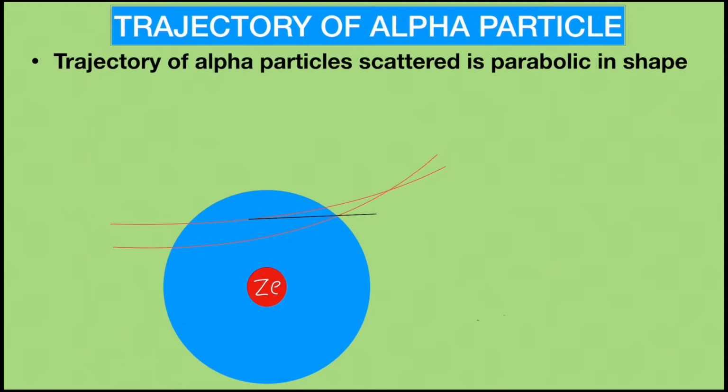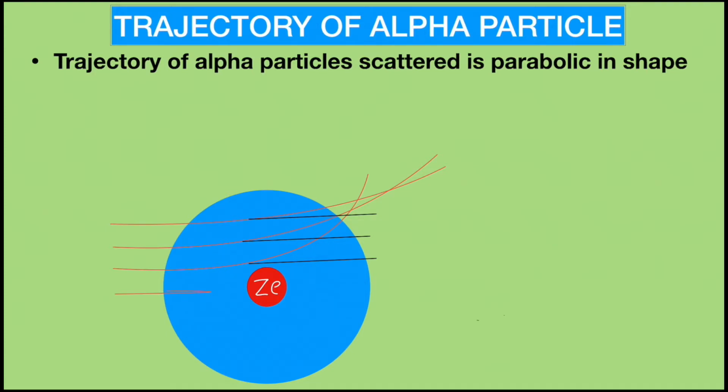This is the second alpha particle we have taken. It is a little closer to the nucleus and this is also deviated from its original path as it passes close to the nucleus. This is the reference line indicating the angle of deviation. This is another alpha particle which passed further closer to the nucleus and it is deviated more in comparison to the previous two. This is the reference line indicating the deviation.